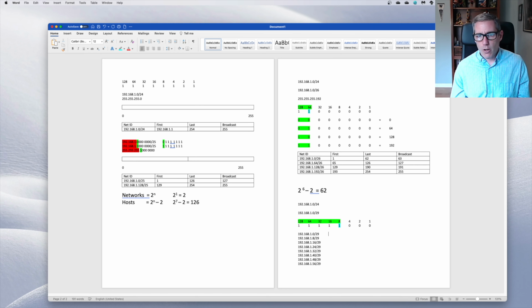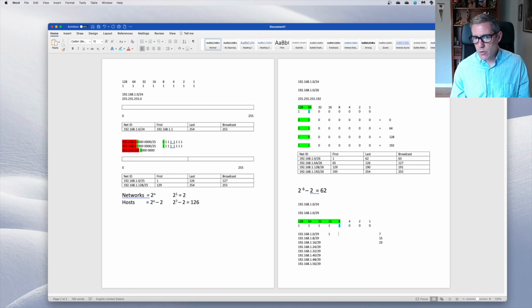Then we want to leave room for our first and our last. Our broadcast on this one is 7. Broadcast on this one is 15. Broadcast on this one is 23. And everything else fills in as much as we want to.